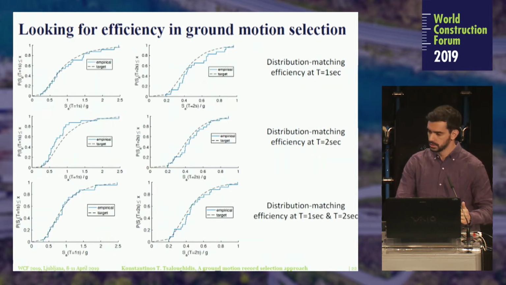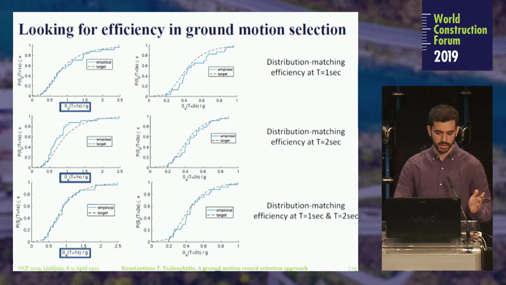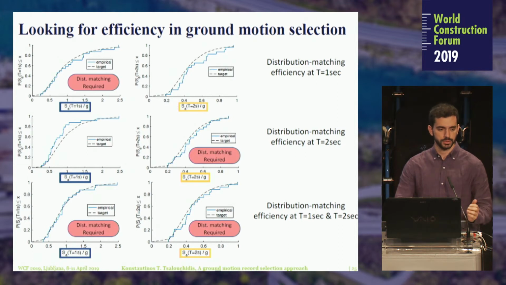Here we just compare target distribution functions with empirical distribution functions, to see if our results match what the target should be. On the left side, you see the period at 1 second. On the right side, you see the period at 2 seconds. The first row is when the efficiency requirement was asked only for 1 second. The second row is when it was asked only for 2 seconds.